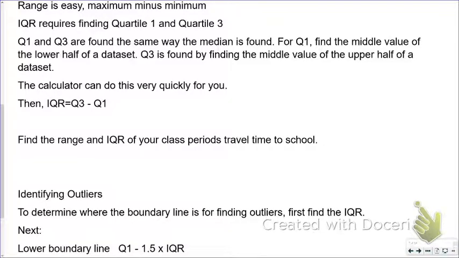The IQR, interquartile range, is the middle 50% of your data set. And naturally, that means Q1, the first quartile, is the 25th percentile.